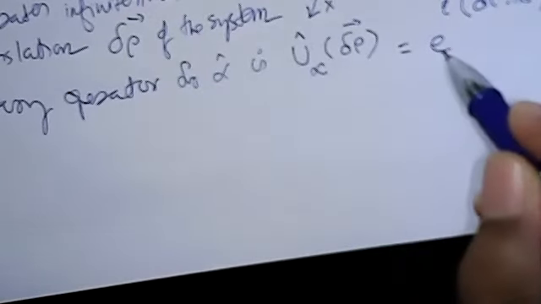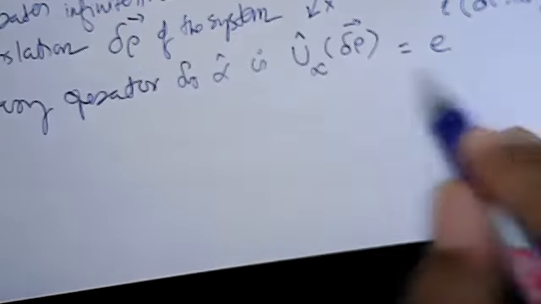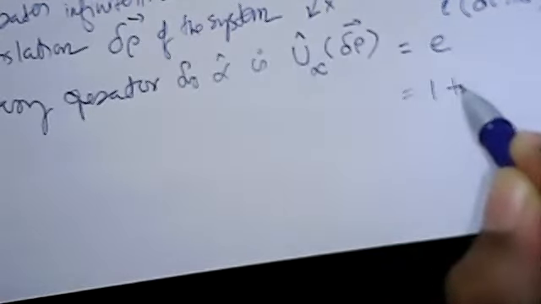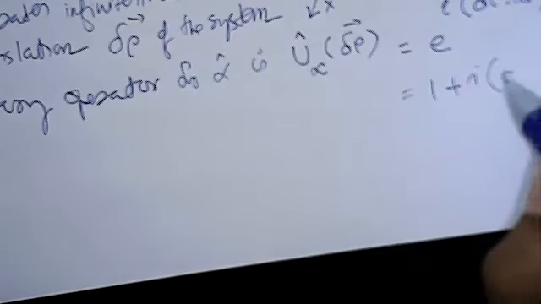So this exponential can be expanded as 1 plus i into delta rho dot alpha plus etc. Neglect the higher terms.